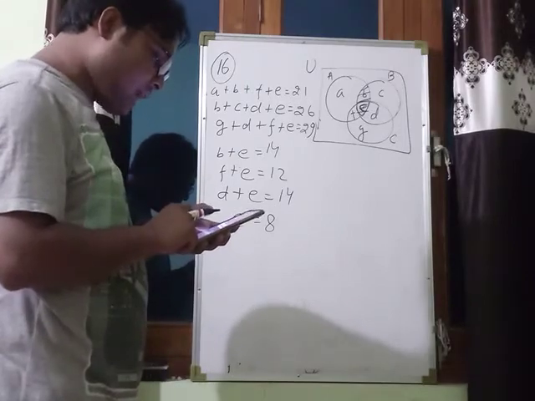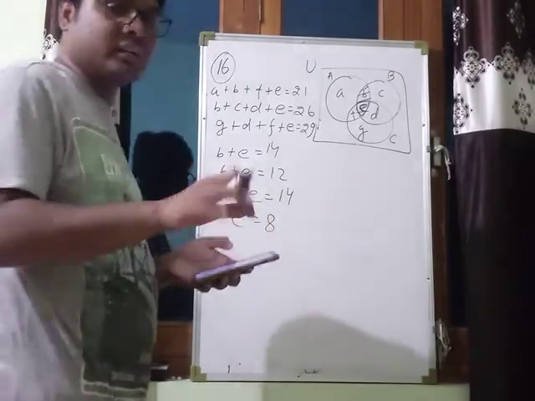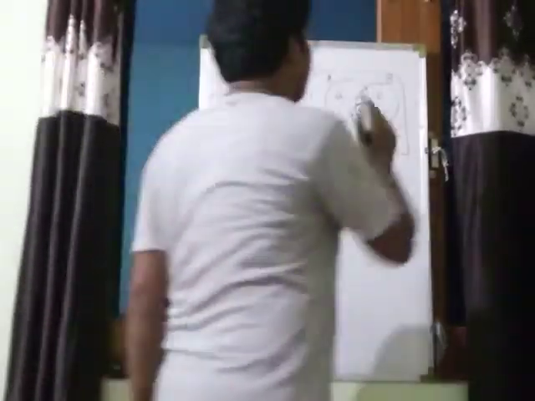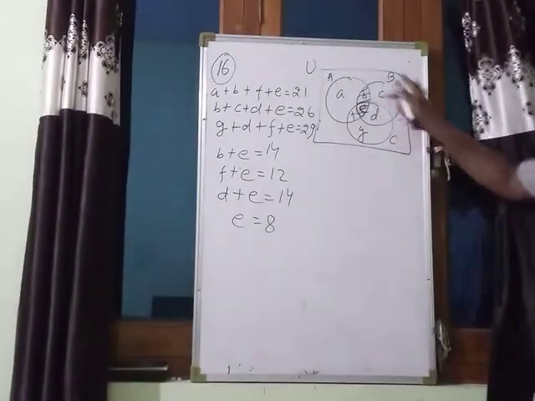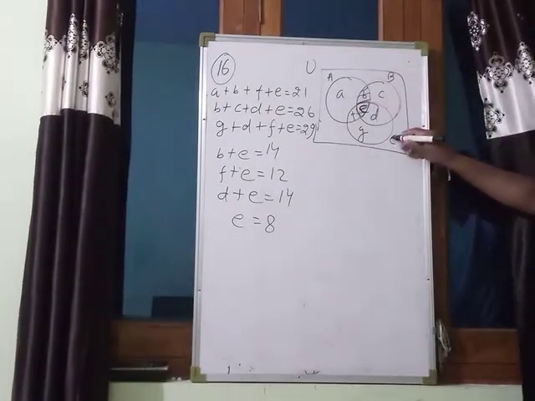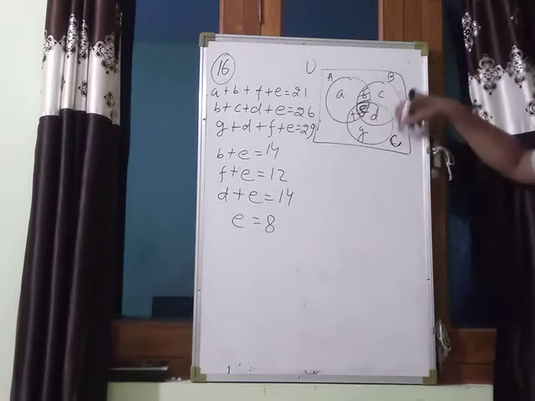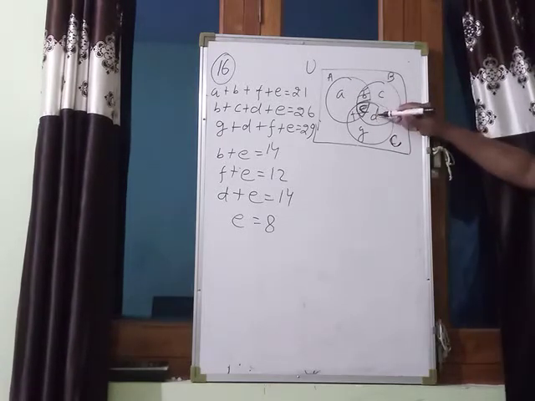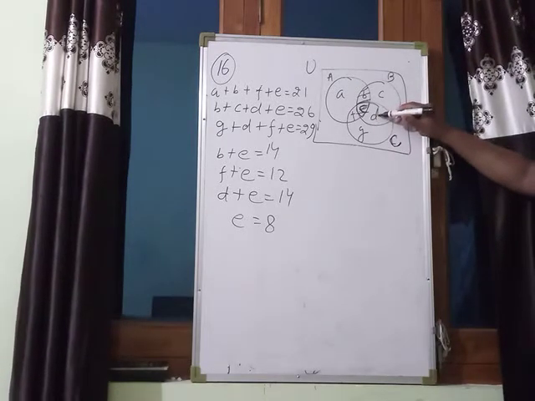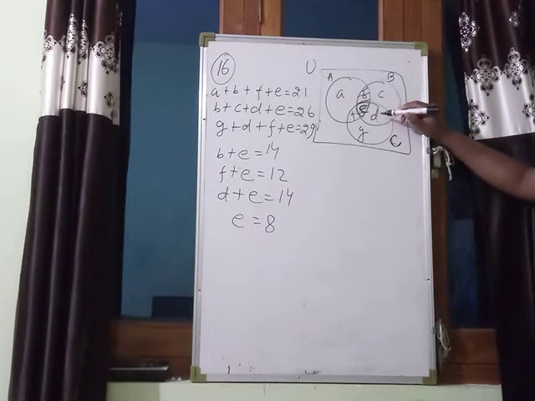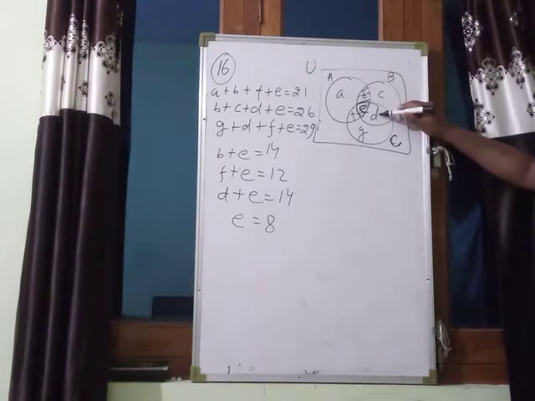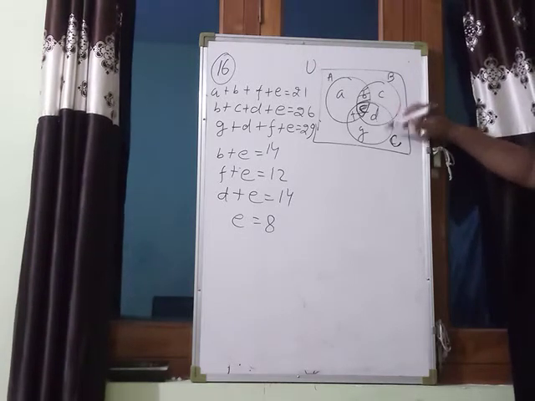Find how many like product C only. C only. See, in C there is D also, but we cannot take it because it is not only C. It belongs to B and C both.